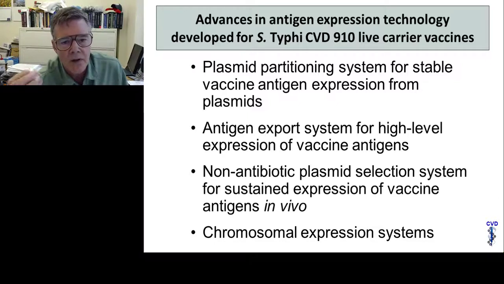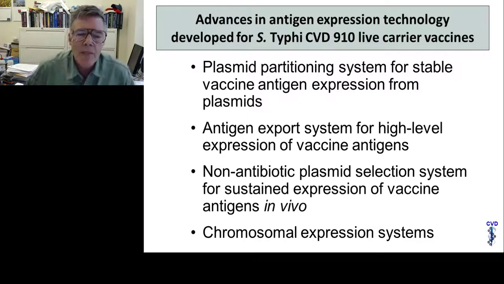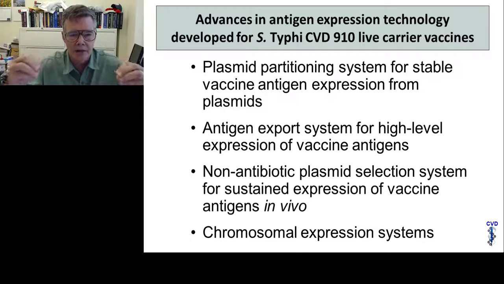Well, first of all, plasmids are going to fit in very nicely into development of carrier vaccines. And plasmids are notoriously unstable in Salmonella Typhi. So you need a plasmid partitioning system to guarantee stable inheritance of these expression plasmids into dividing daughter cells of CVD910.